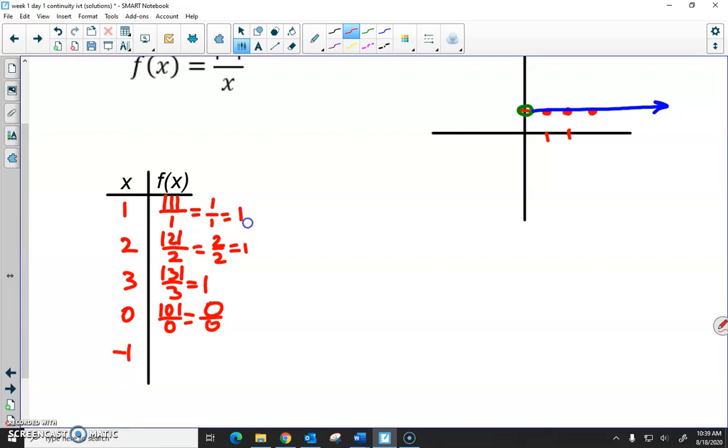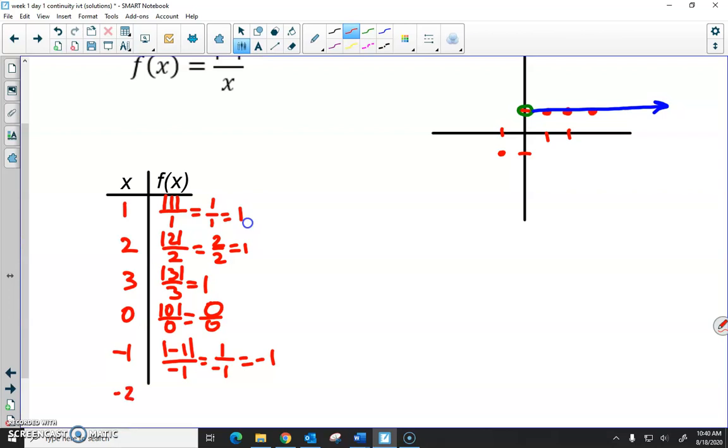But what about if we have some values that are negative? So if I had negative 1 for my x, well, now I have the absolute value of negative 1 over negative 1, which is 1 over negative 1, which leads me to a value of negative 1. So now when x is negative 1, y is negative 1.